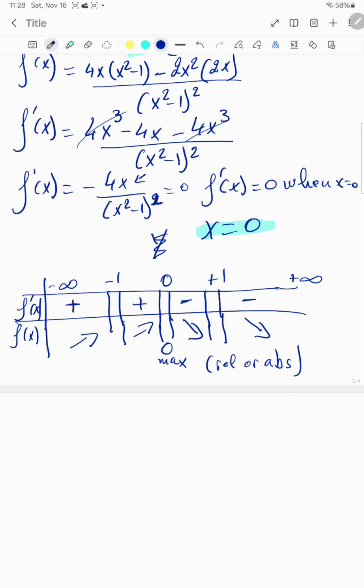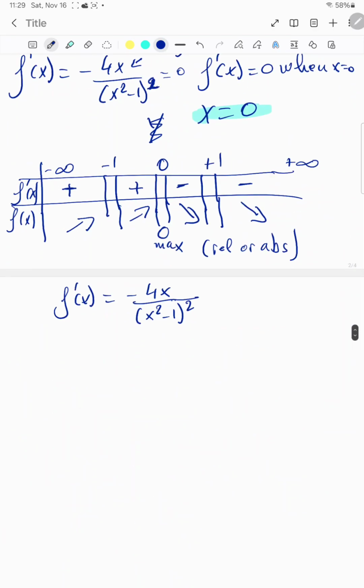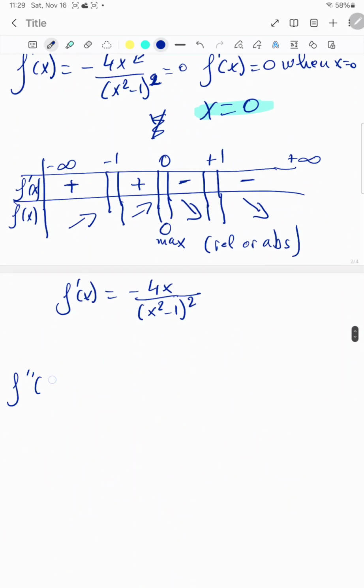So now let's study its concavity and point of inflection. To do that, I need f prime of x, f second of x. I know f prime of x, we said it's equal to minus 4x divided by x square minus 1 square. And for f second of x, I can take this as my u, and this is my v, and this is equal to u divided by v.